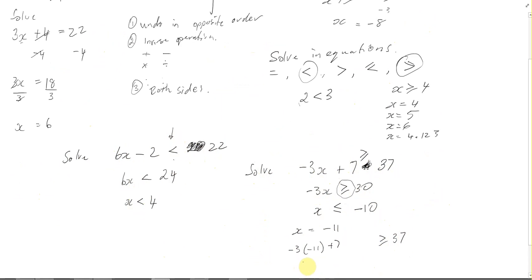Minus 3 times minus 11 gives positive 33 plus 7, which equals 40. And yes, 40 is larger than or equal to 37. It's larger than, so that is a good thing, and it means our answer is going to be correct.